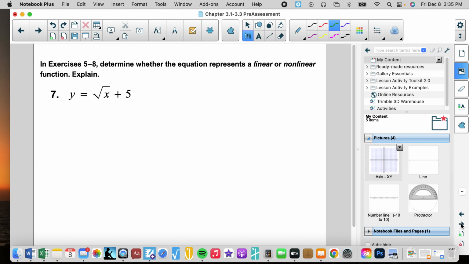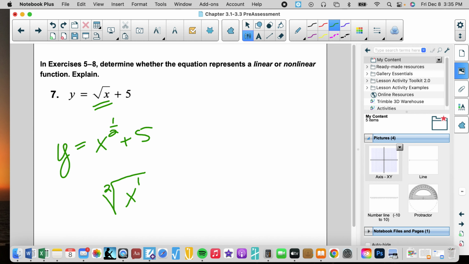So this looks like it's in y equals mx plus b, but notice this. What is the exponent of x? That's x to the 1/2. We can rewrite this as y equals x to the 1/2, the square root.